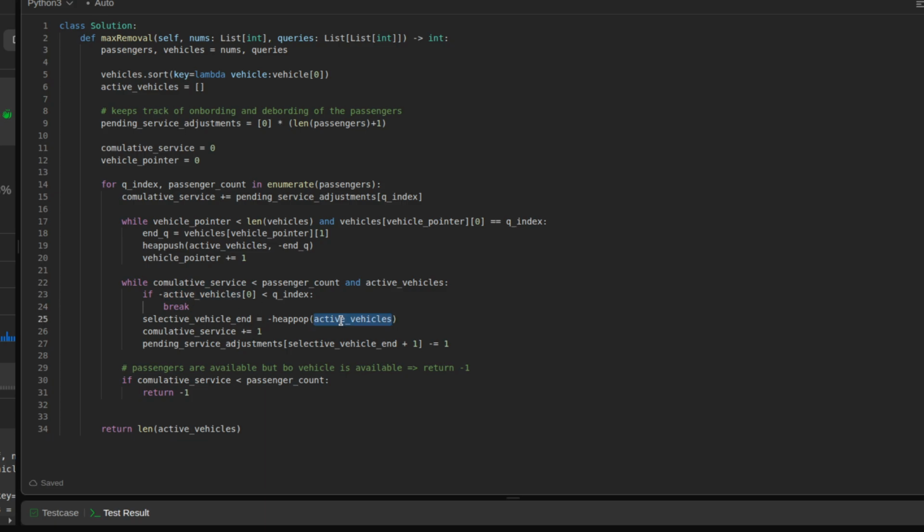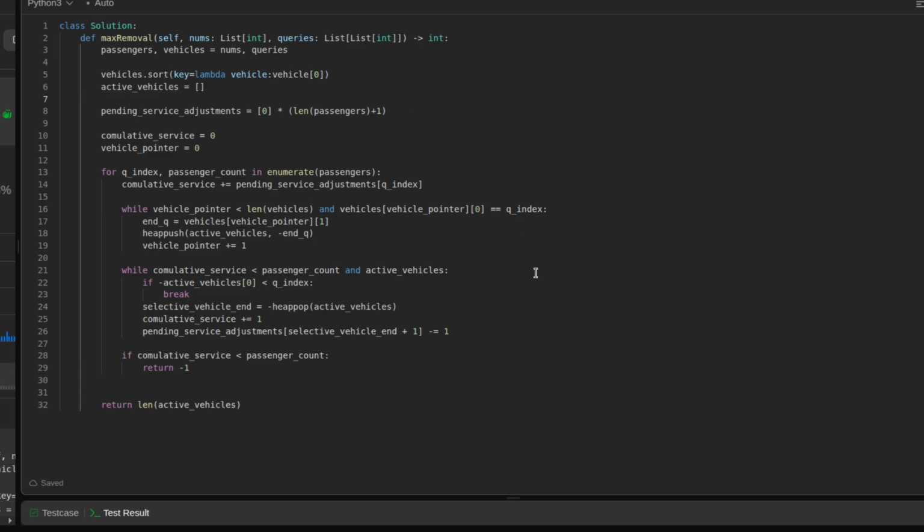I am just popping it out, and I am doing cumulative services. Okay, I have provided services to one person, and then their deboarding is pending. This indicates that the deboarding of that person is pending. And passengers are available, this I have already covered, right? So let us go and run this code once.